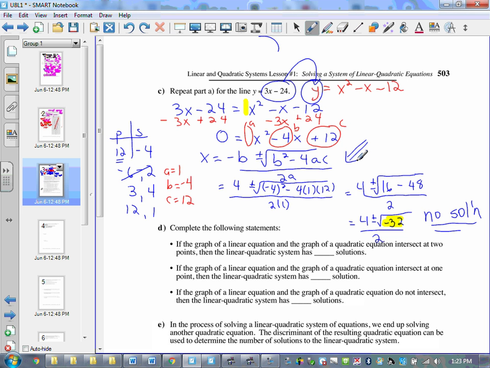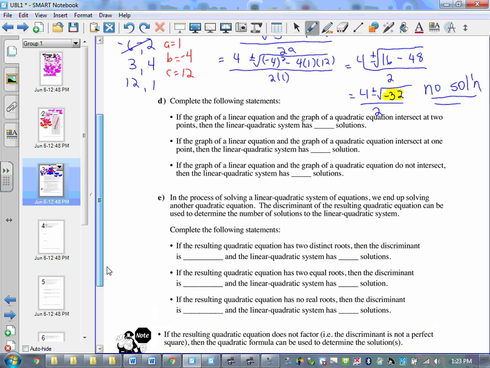So far, so good? Okay, so we've just got some concluding statements. If the graph of a linear equation and the graph of a quadratic equation intersect at 2 points, then our linear quadratic system has 2 solutions.